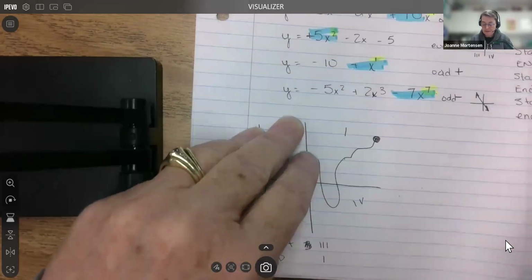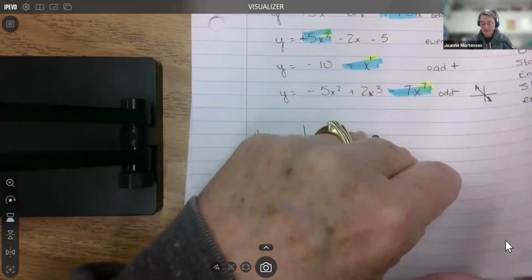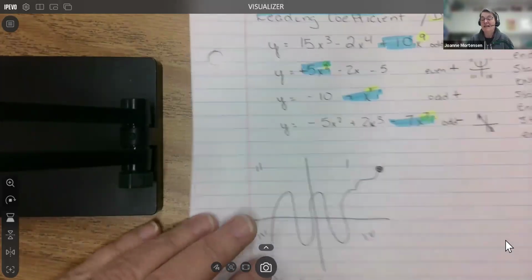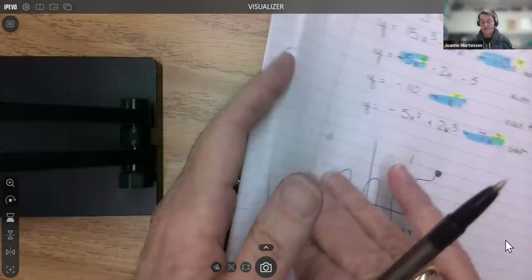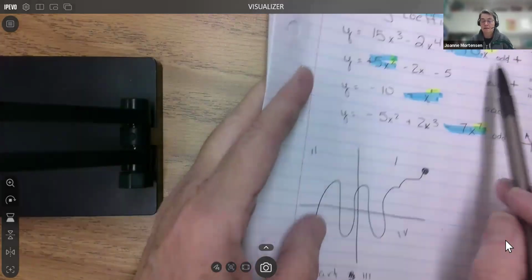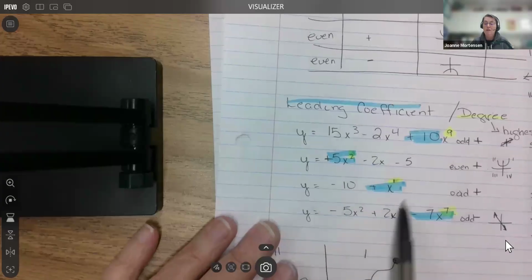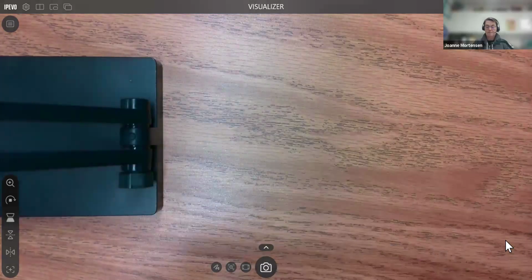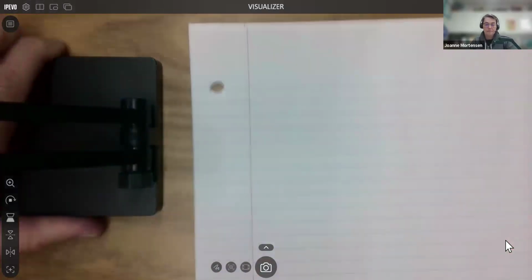Let me get out some of my pictures, because sometimes you're going to get asked the leading coefficient and degree of an actual diagram as opposed to an equation. Because when you start with an equation, like we did here, not very difficult. We just did that. How about this one?